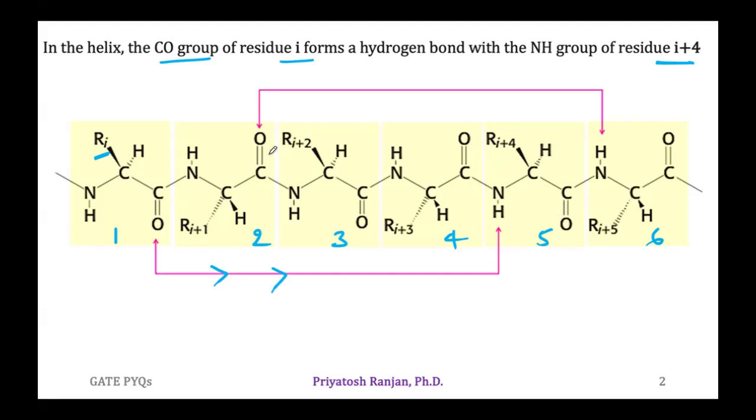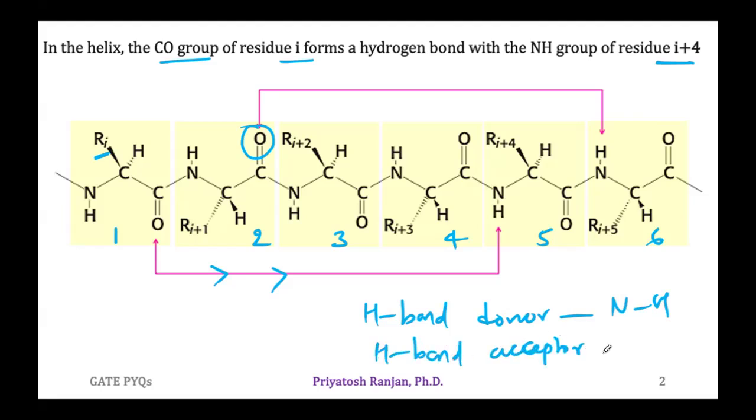So the CO group of the second amino acid residue will form a hydrogen bond with the NH group of the sixth amino acid residue. As you might be aware, for a hydrogen bond to form, you require a hydrogen bond donor, and the donor here is the NH group, and then you need a hydrogen bond acceptor, which here is CO.